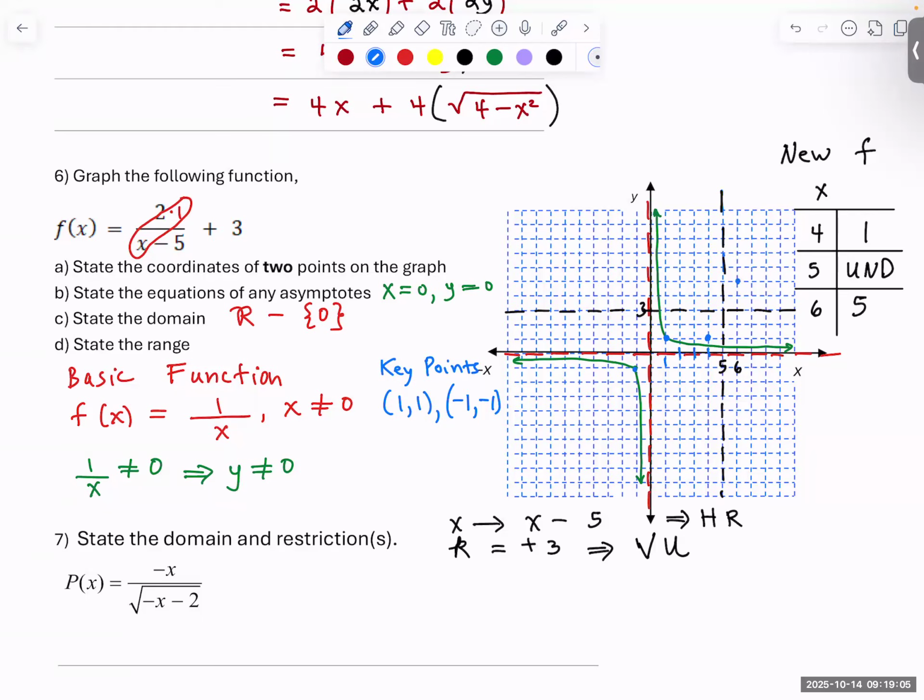Now notice the vertical distance from those 2 points are a distance 2 vertically from the horizontal asymptote, unlike the original two key points were only a distance of 1 unit from the horizontal asymptote, but because of the vertical stretching, the distance vertical has increased. But the shape is the same with some vertical stretching.